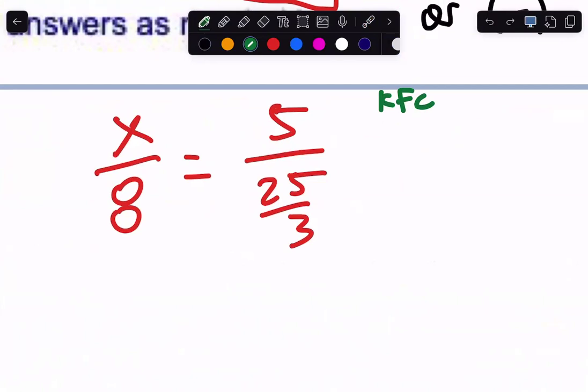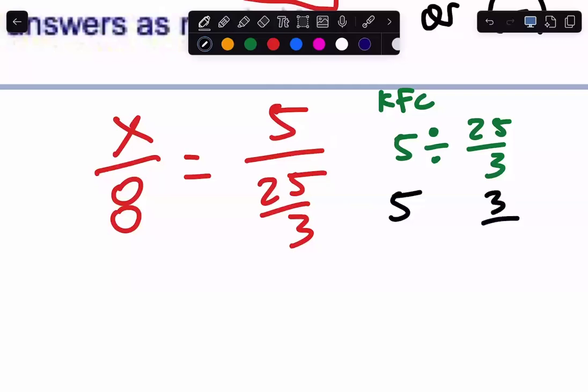So another way you can write this is 5 divided by 25 thirds, right? Because that's what the division is. KFC or keep, flip, change is you keep the 5, you flip the fraction. Well, now it's 3/25, and you change from division to multiplication. So now it's 5 times 3/25.